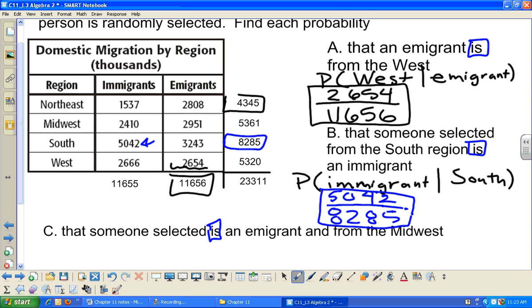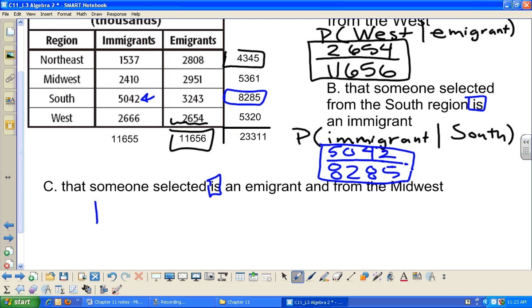So it's saying that someone randomly selected is an immigrant and from the Midwest. It's asking us no given that statement. It just wants to find out the probability that it's an immigrant and Midwest.